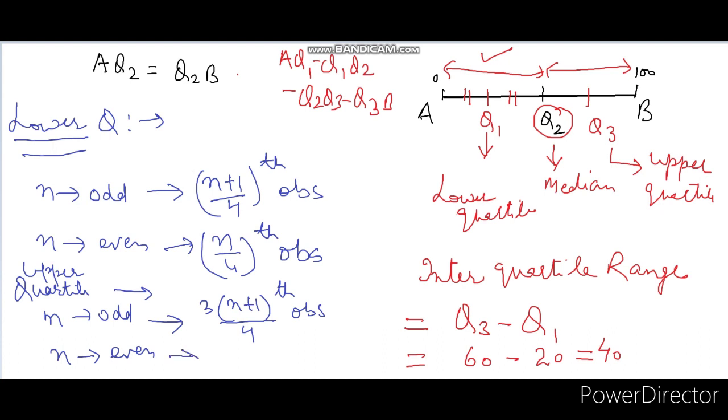When n is even, just see the symmetry in the formula: the 3n/4th observation will give you the upper quartile. Whether the number of observations is odd or even, we put the value of n here, get that observation number, and that will be your upper and lower quartile.